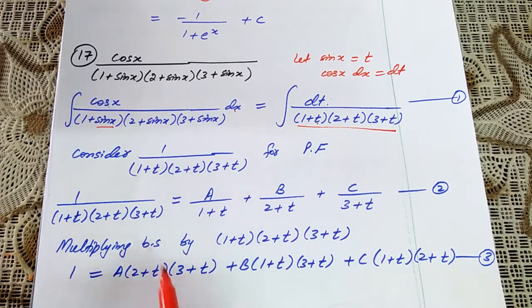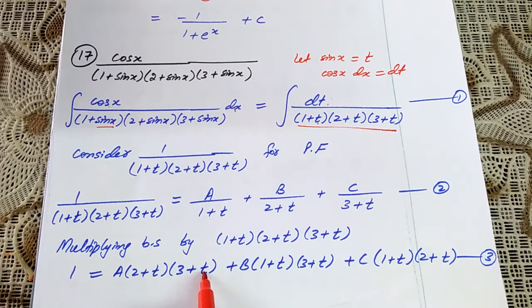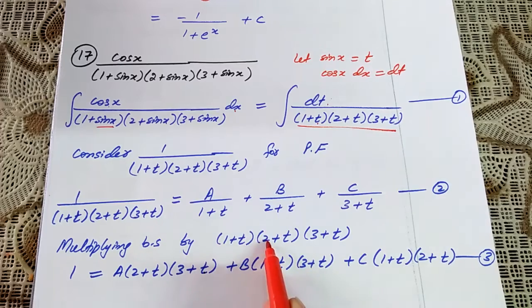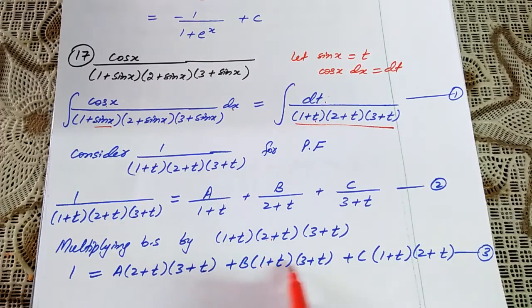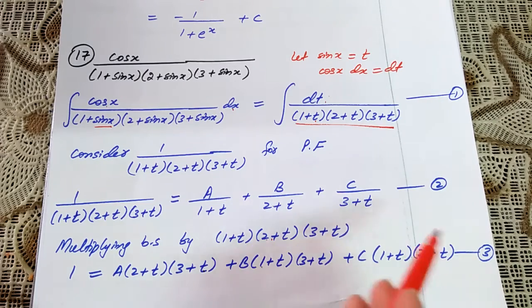After cancelling, we will get 1 is equal to a into 2 plus t, 3 plus t, because 1 plus t will be cancelled with the denominator, plus b into 1 plus t and 3 plus t, plus c into 1 plus t, 2 plus t. Name it as equation number 3.